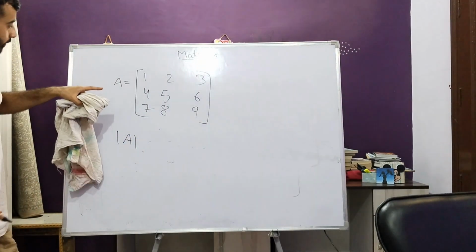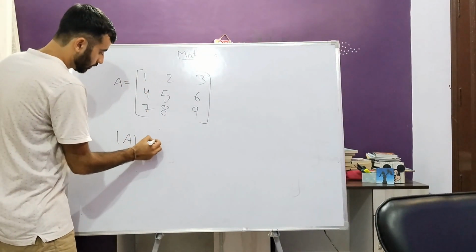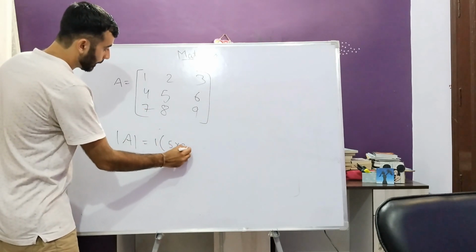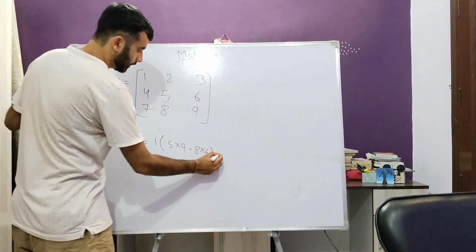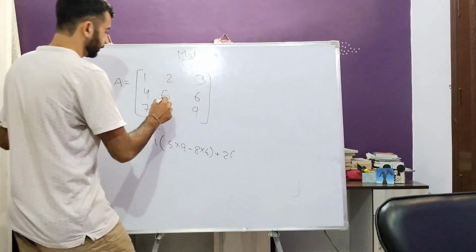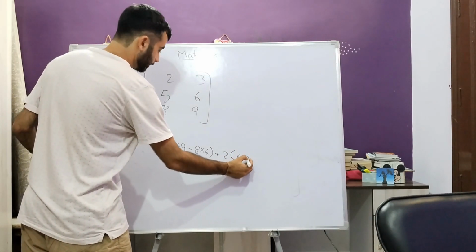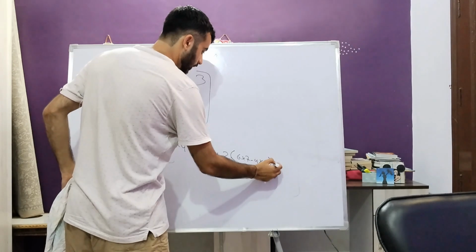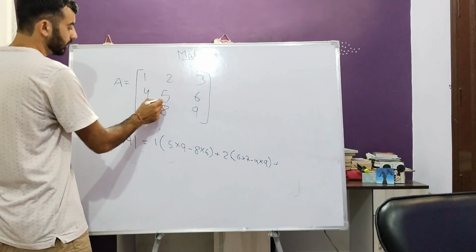So the determinant of matrix A is 1 into (5 into 9 minus 8 into 6), plus 2 into (6 into 7 minus 4 into 9), plus 3 into (4 into 8 minus 5 into 7).